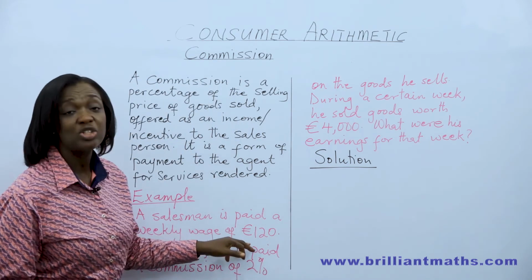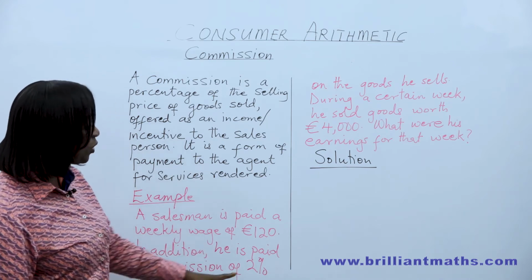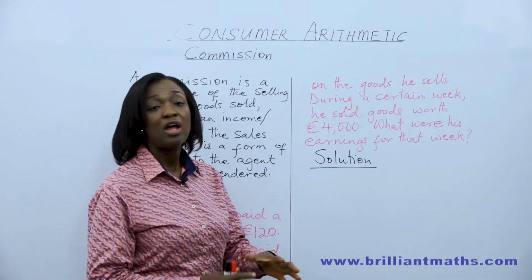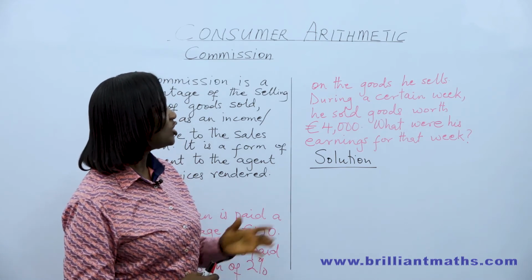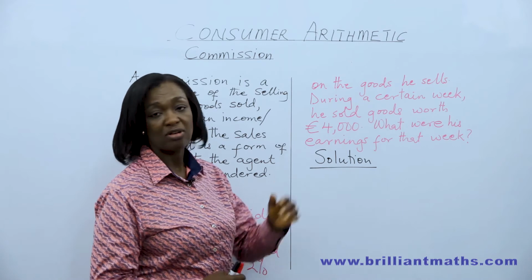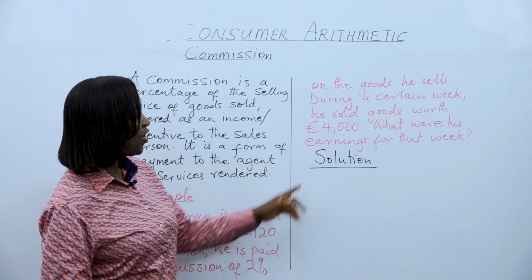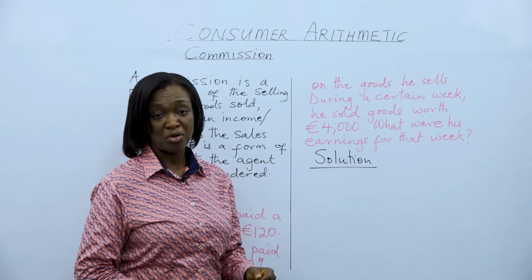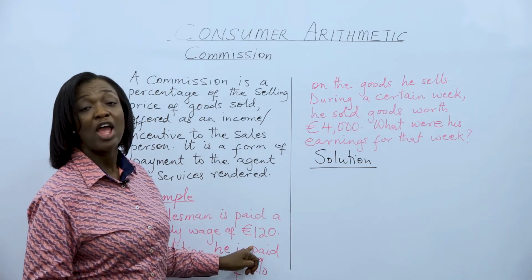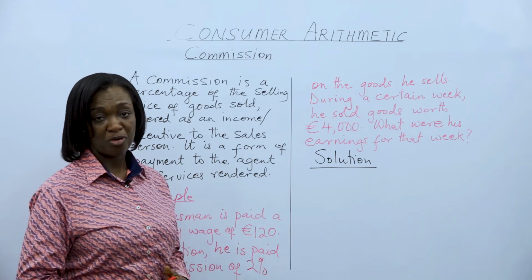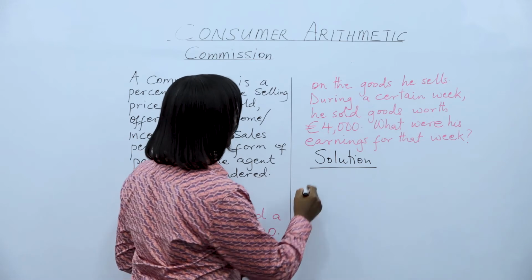He earns 120 euro every week plus a 2% commission on the amount of goods he sells. So for this particular week, he sold goods worth 4,000 euro. We'll calculate 2% of 4,000 euro and then add it to his weekly pay of 120 euro. Let's do that quickly and see how much he earned that week.